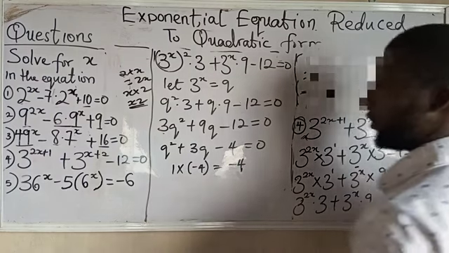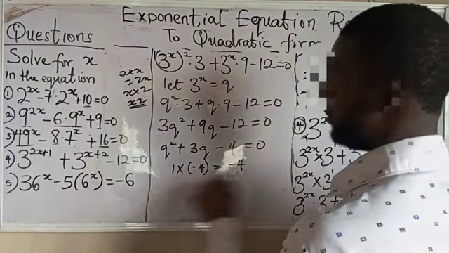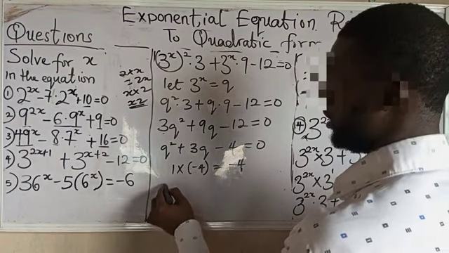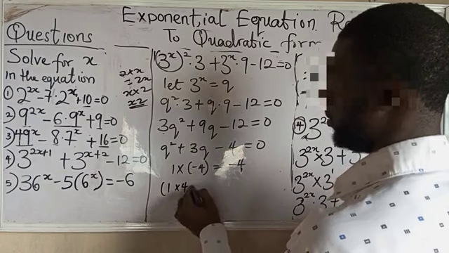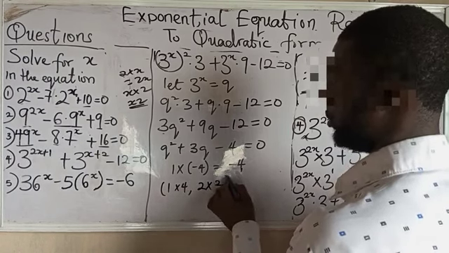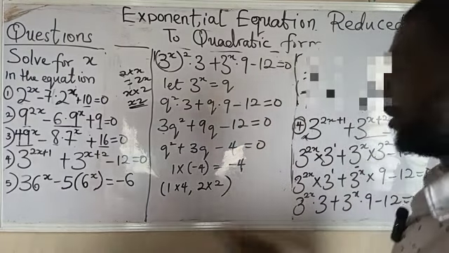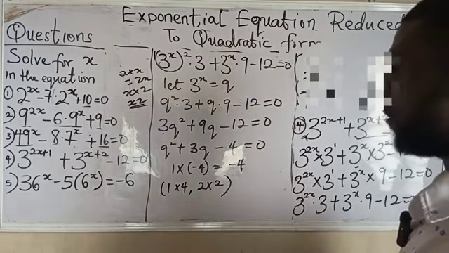And we are going to look for the possible combinations of 4 generally. So it's going to be 1 times 4, and we have 2 times 2. These are the two unique possible combinations of 4.